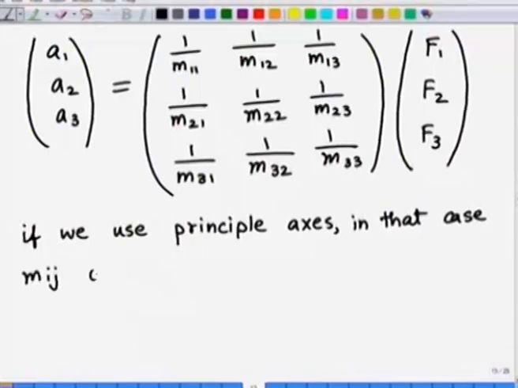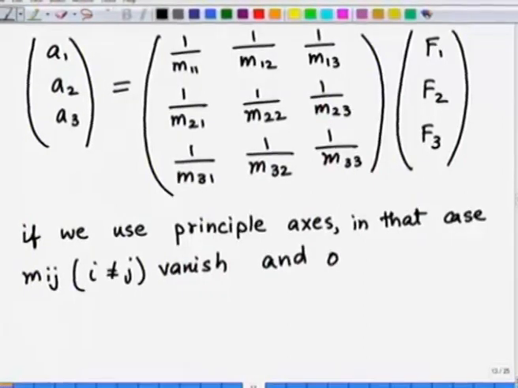Mij for i not equal to j vanish, and only Mii survives. That means only the diagonal components survive if I choose the principal axis. In fact, that is the definition of principal axis.